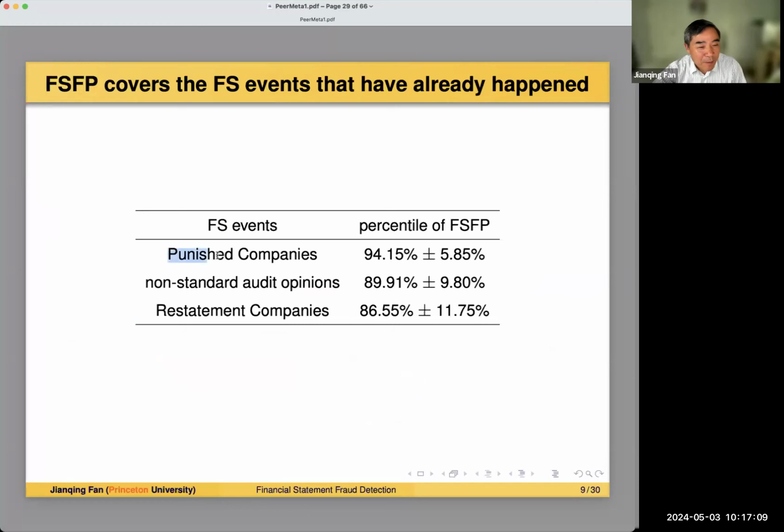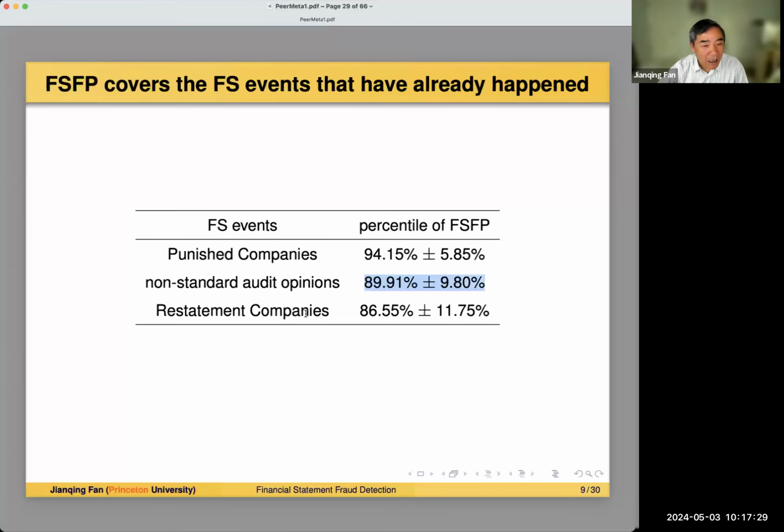For those companies being punished for actually committing financial statement fraud, the percentile propensity score is pretty high. So it's in a very high range. For non-standard auditing companies, those events that have already happened, the propensity score is also very high.